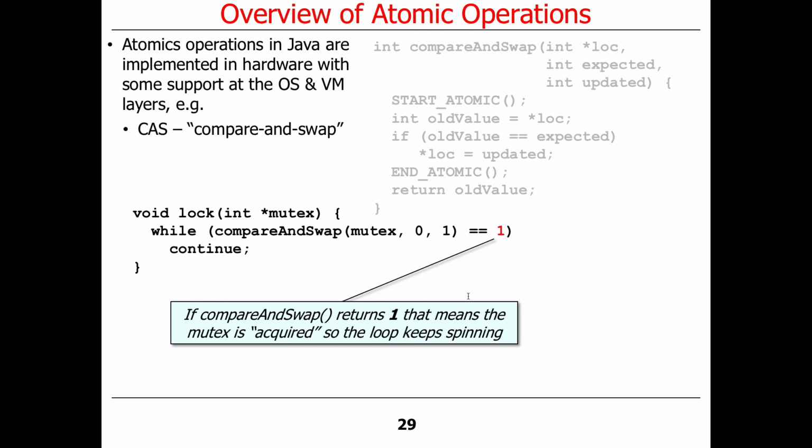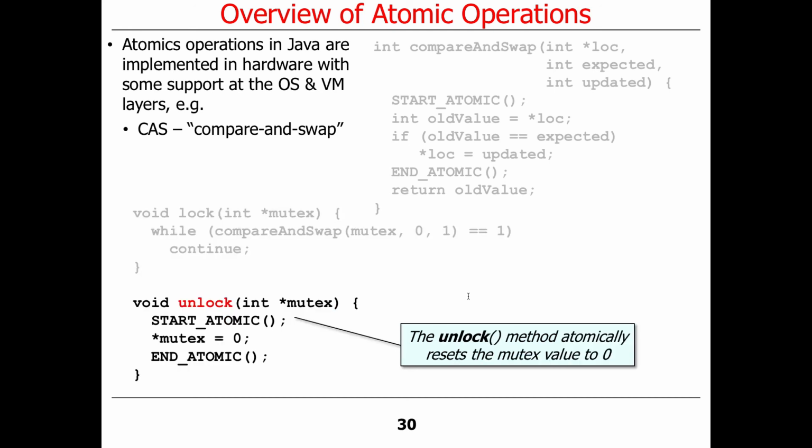If you're checking to see if it's 0, it'll return 1, which indicates to you that it wasn't unlocked. So you have to keep looping until you can lock it. The key thing to remember is that the checking and the locking is atomic. Those things either happen or they don't. There's no in between. There's no race condition, no check-then-act race condition problem in this case.